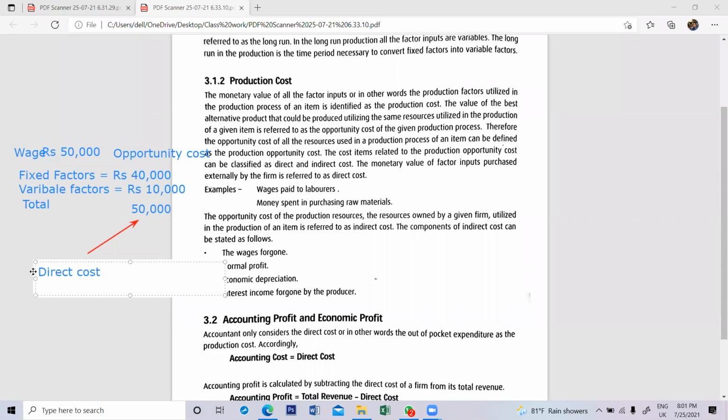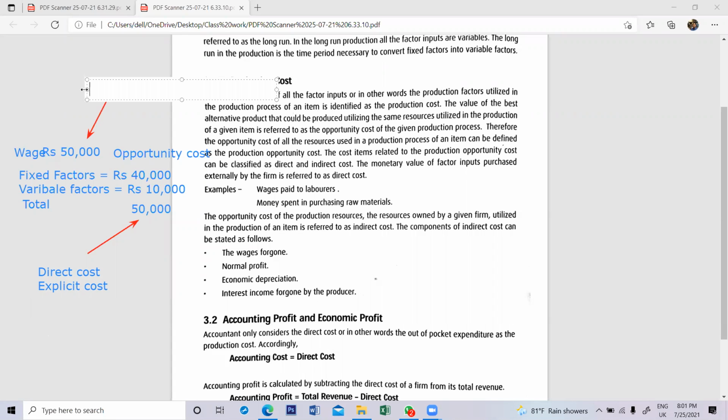Direct cost, if not explicit cost. That means money which is spent on purchasing of factors. There is a clear financial outflow. Meanwhile, he lost 50,000 from the employment.